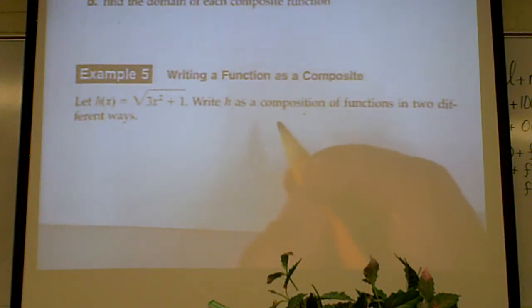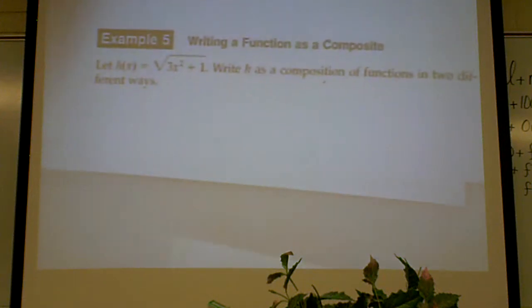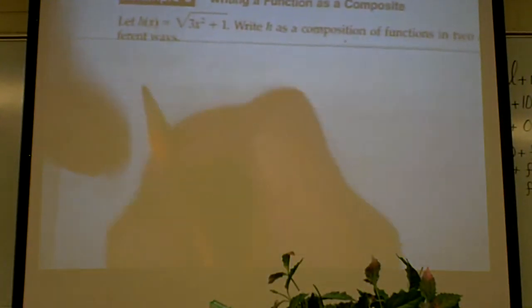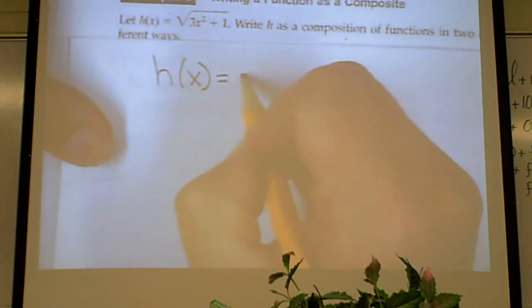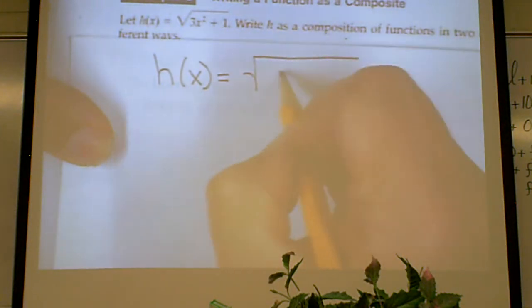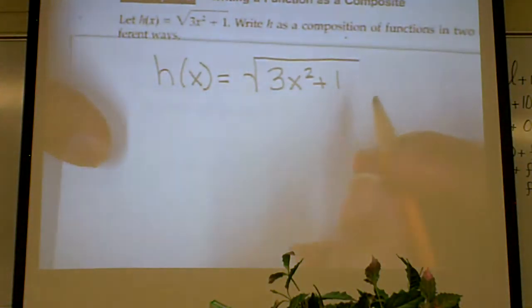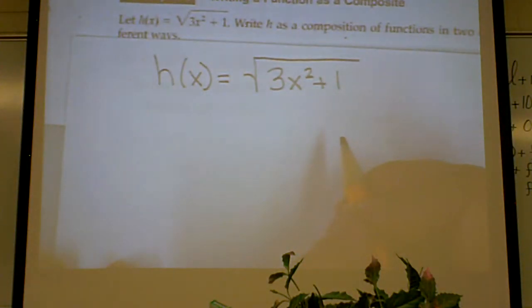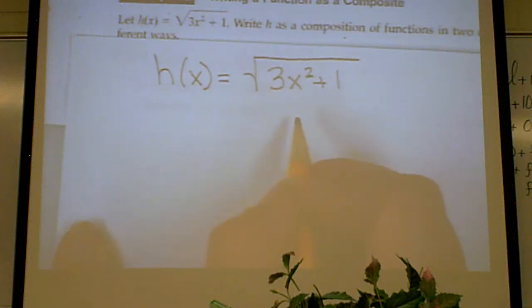The last thing you're going to do is take a function. See this function? It's called h of x. I'm going to take this function and break it up into two different functions.